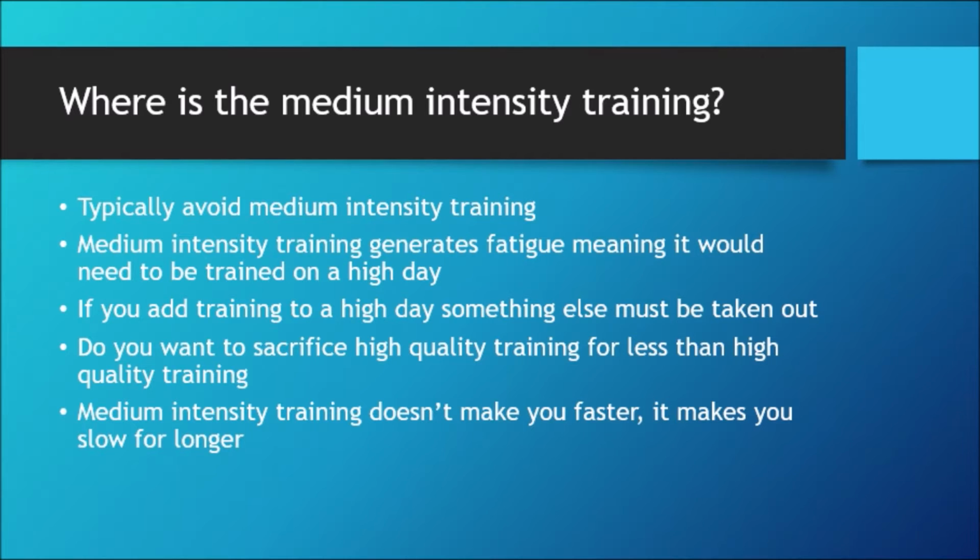So I personally don't think that one should be removing a high intensity training stimulus to replace it with a medium intensity training stimulus. You're going to get more from the high quality work than from a medium quality training stimulus. So do you want to sacrifice high quality training for less than high quality training? I say no. Medium intensity training doesn't make you maximally faster, it makes you slow for longer.